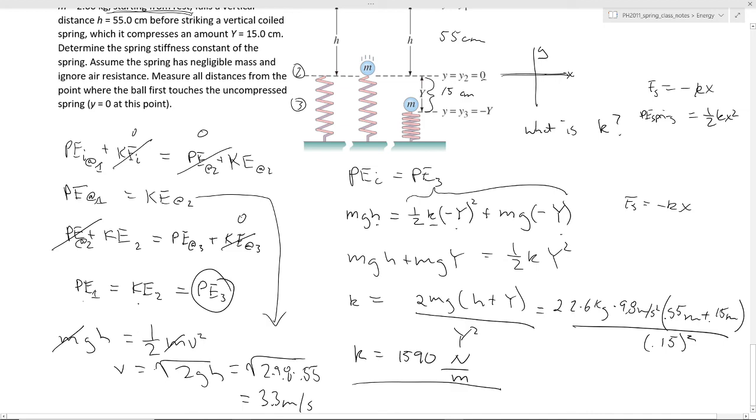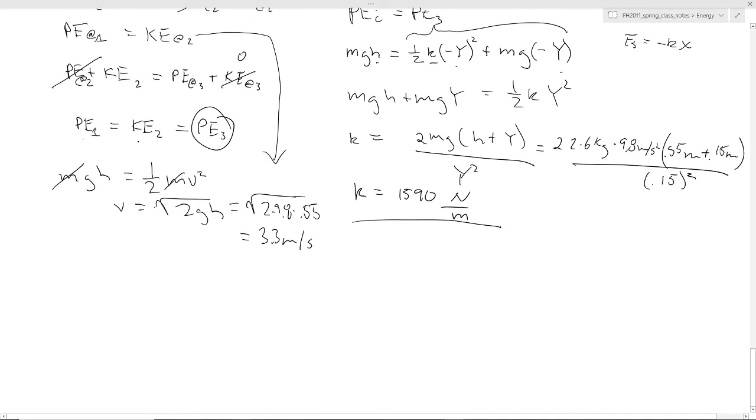So what might be helpful is to think about, suppose there's no spring anymore. Consider if we just had y equals 0, and you had an object that fell a distance negative capital Y. The change in potential energy due to that would be mg times the change in height.